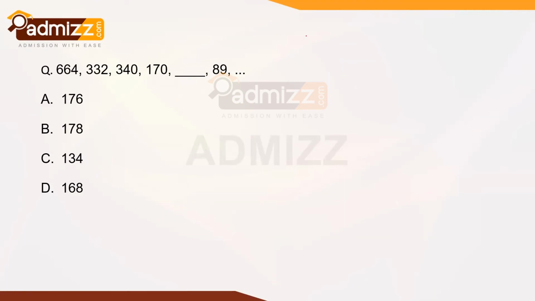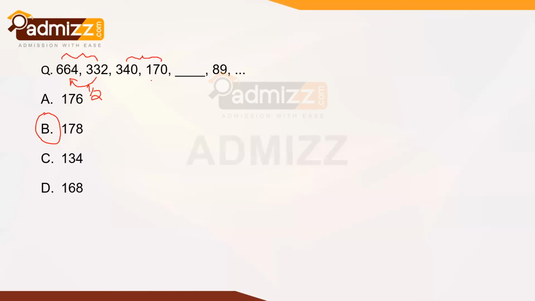Yep, I'm receiving answers from Somjana, Ram, Lu Zhang, and from everyone. And the correct answer in this case is option number B, which is 178. Why is that the case? Right? So we have to look at this series in a pairwise fashion, right? What do I mean by that? Take a look at 664 and 332. 332 is the exact half of 664, right?